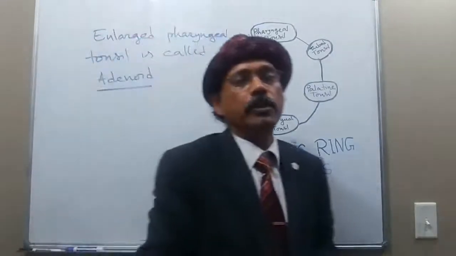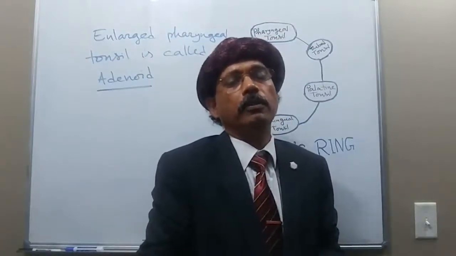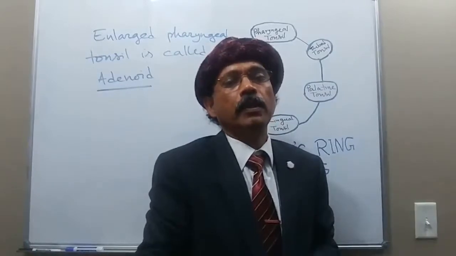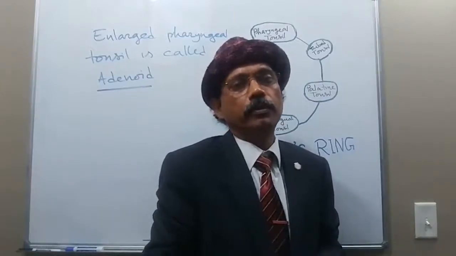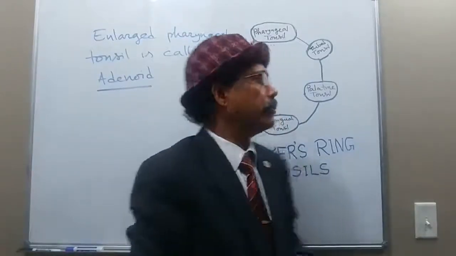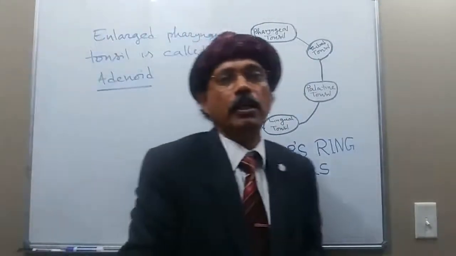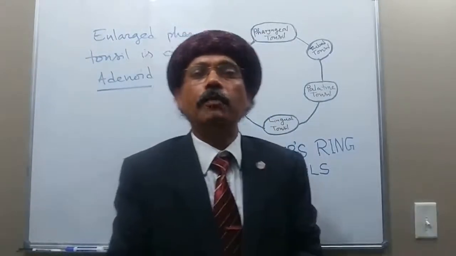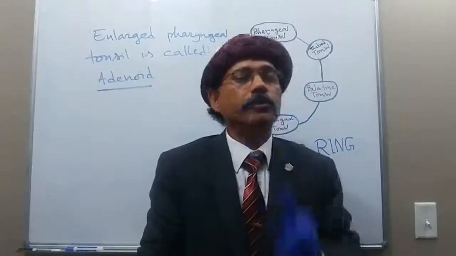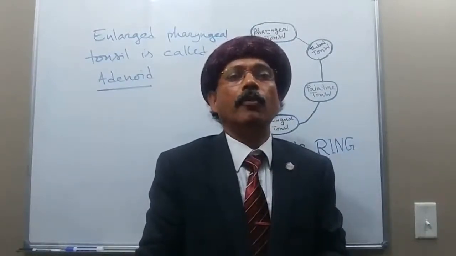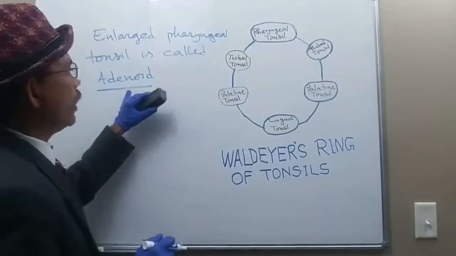If there is adenoid, there will be blockage of the nasopharynx, so the child takes to mouth breathing, and if it is large enough, it may block the eustachian tube. That may lead to otitis media, an ear infection. So adenoid has a lot of complications due to blockage in the nasopharynx: sleep apnea, mouth breathing, maldevelopment of the facial skeleton, especially the maxilla, and overcrowding of the teeth.